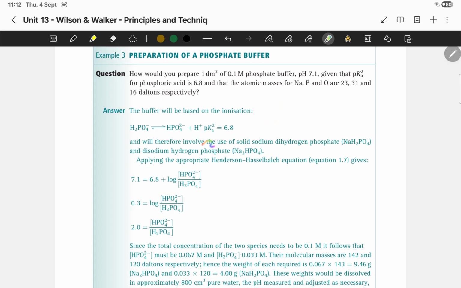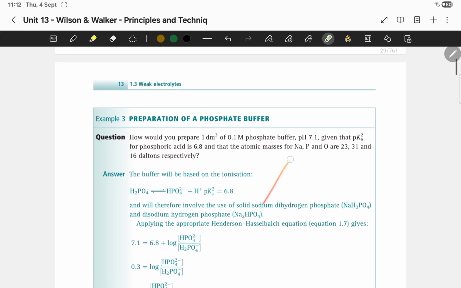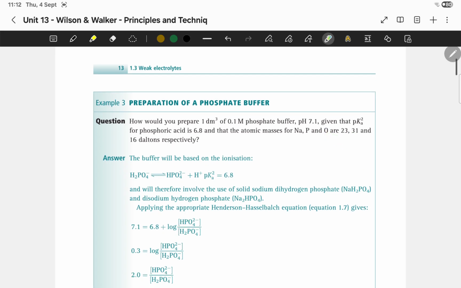But it is the second one, so we are taking this, and it is 6.8, and will therefore involve the use of sodium dihydrogen phosphate, NaH2PO4, and sodium hydrogen phosphate, with the atomic masses given.